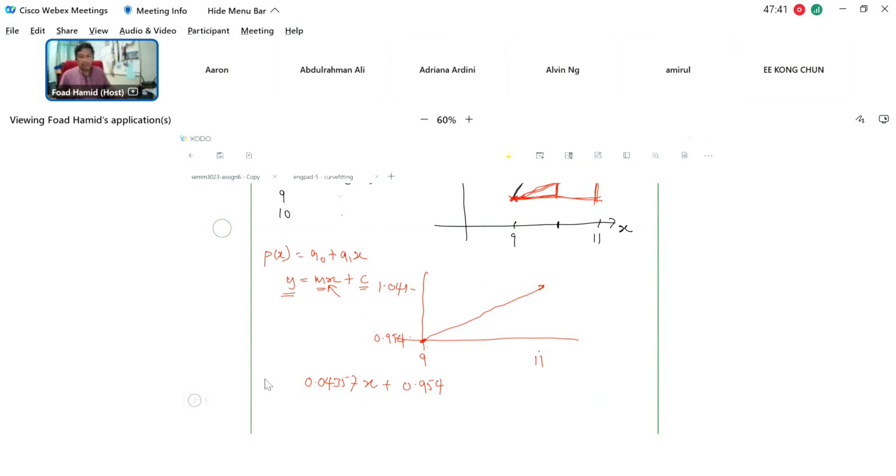If you look at your textbook on Newton divided difference, I think this is chapter 18. The way we write your Newton divided difference is this way.